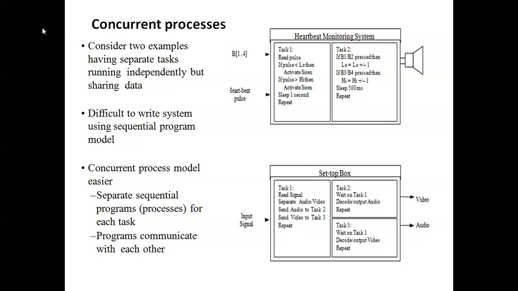If they work properly, then we can see the flow of picture. If the picture or sound varies, then you couldn't watch and you will get disturbed. That is the concurrent process model. In the concurrent process model, each task communicates with the others to continue the program.